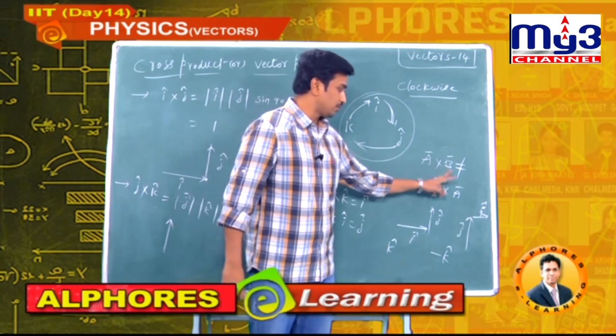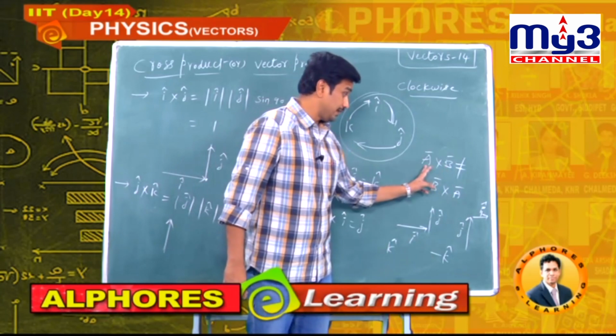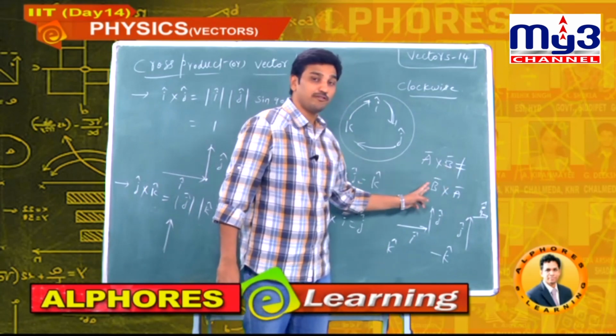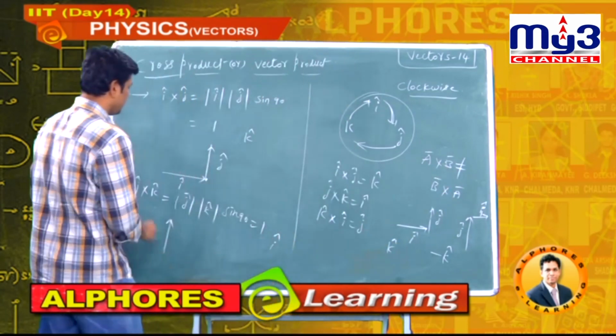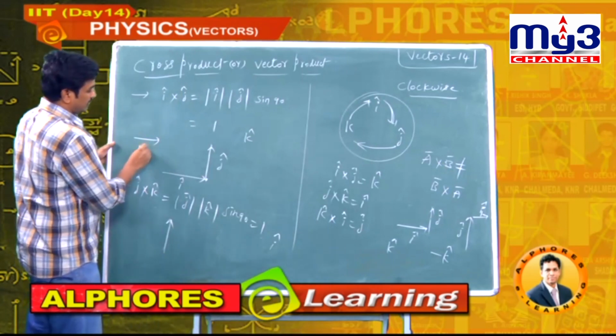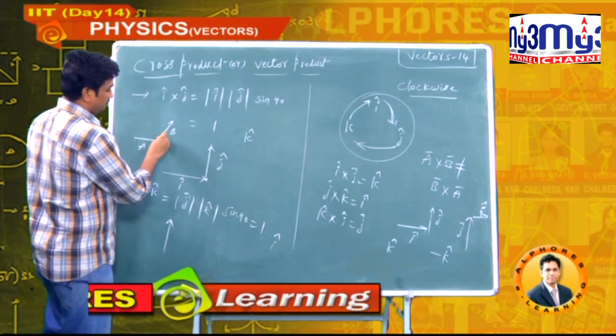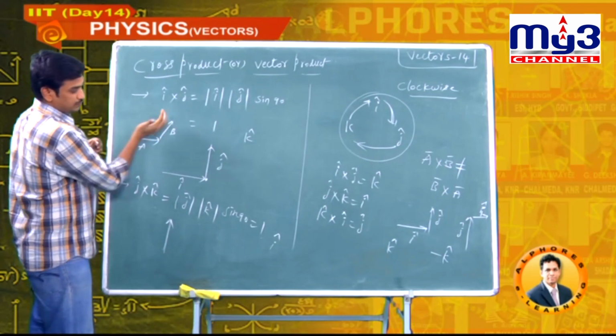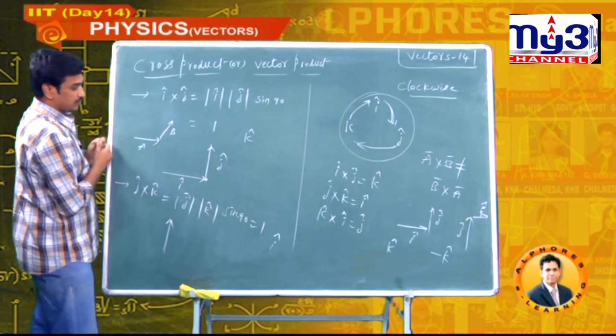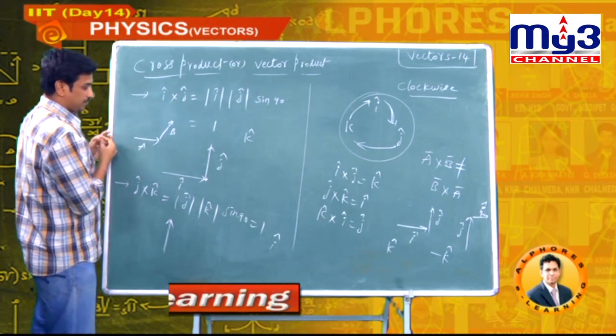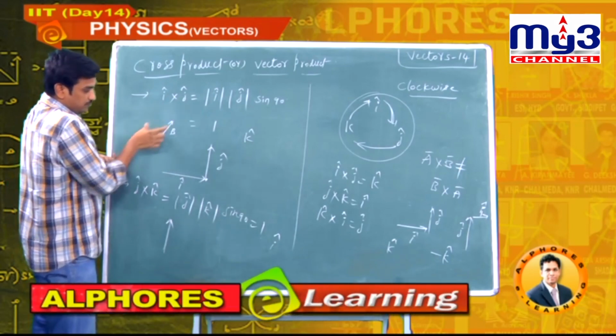A cross b is not equal to b cross a, but a cross b is equal to minus of b cross a. A vector, b vector, cross product, this is the direction. Now, b cross a: can you shift a to here?